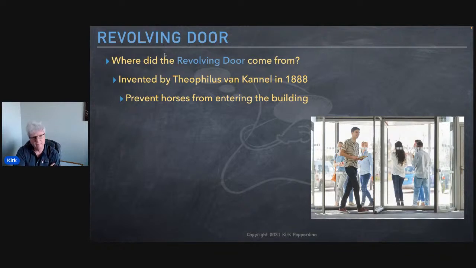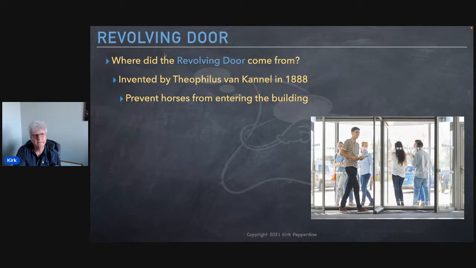Yeah. So speaking of revolving door, just for fun, I thought I'd explore where this came from. And so here it is. You look it up and you say it's invented by this guy, Theophilus Van Kannel, I guess, in 1888. So it really hasn't been around for that long.